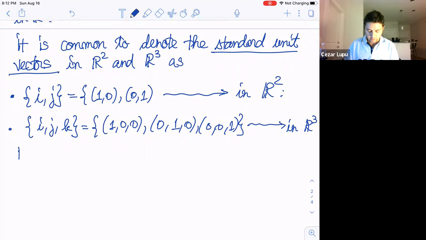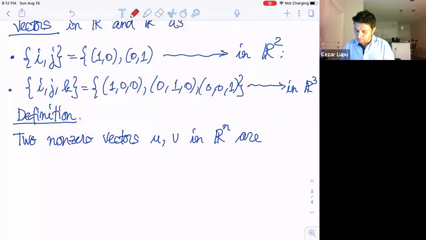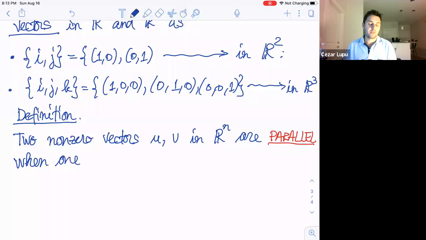Okay, great. Now let's recall another definition. Two non-zero vectors u, v in Rn are called parallel when one is a scalar multiple of the other.